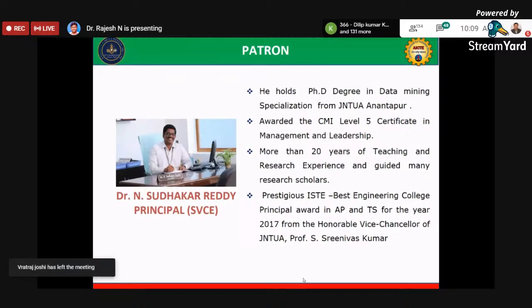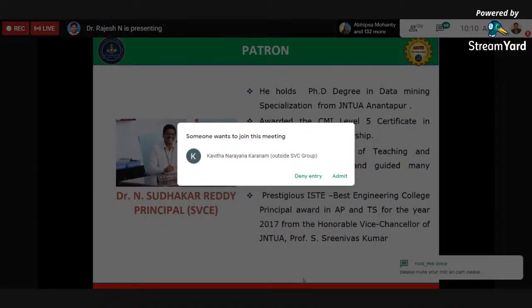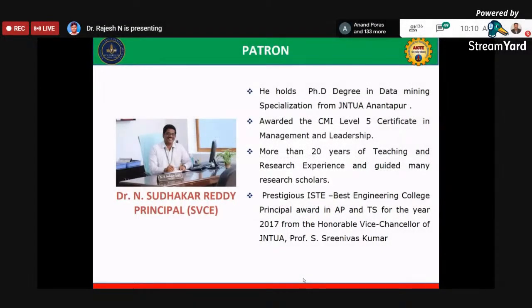He has more than 20 years of teaching and research experience and has guided many research scholars. He received the prestigious ISTE Best Engineering College Principal Award in AP and Telangana State for the year 2017 from the Honorable Vice Chancellor of JNTU, Professor S. Srinivas Kumar. Now I request our Principal, sir, to give a valuable speech.